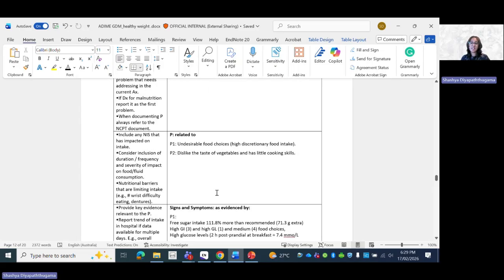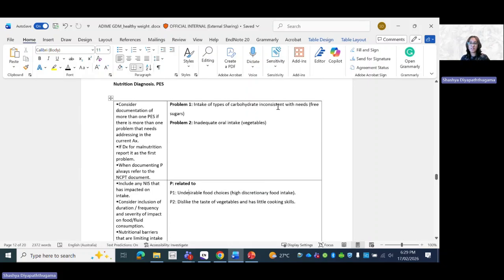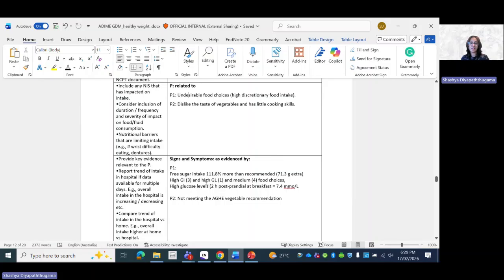And the signs and symptoms for problem 1, which is intake of carbohydrates inconsistent with the needs, high free sugar intake. So we can see her free sugar intake was this percentage more than the recommended, that is, she's consuming 71.3 grams of extra free sugars, higher than the WHO recommendation. And she's having high GI foods and high GL foods.